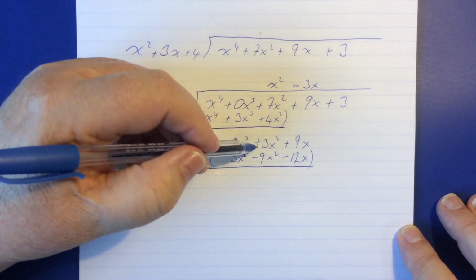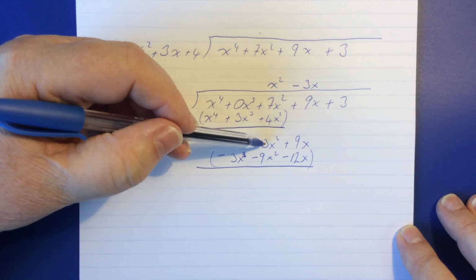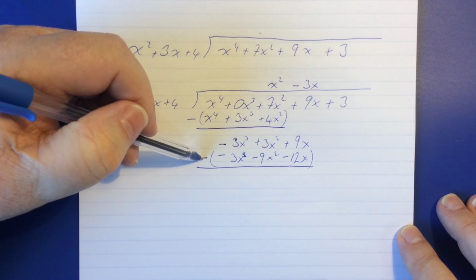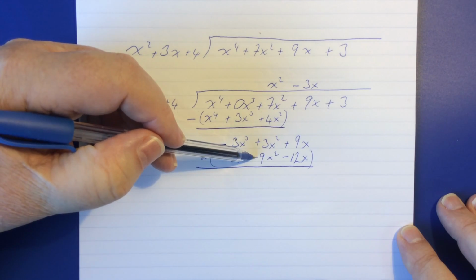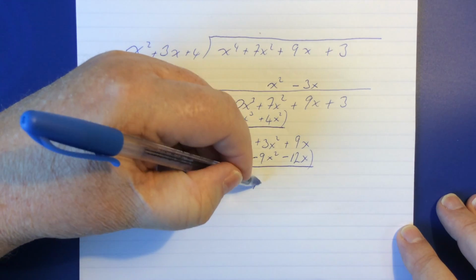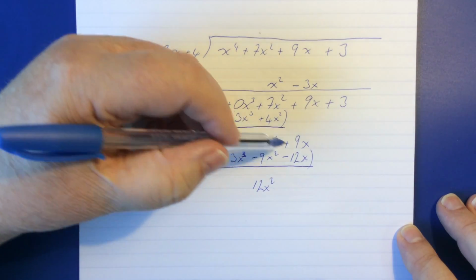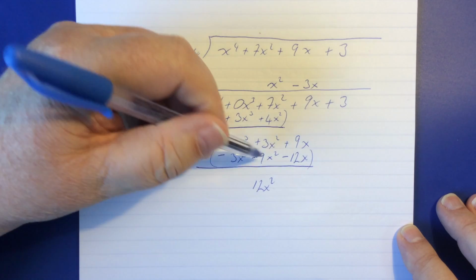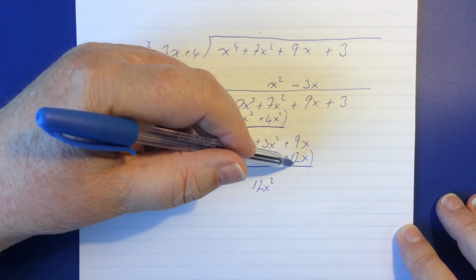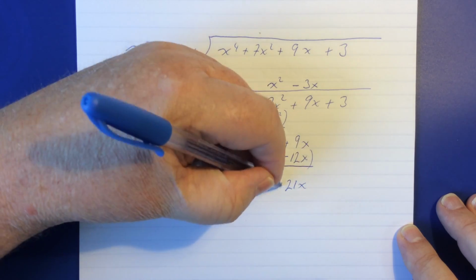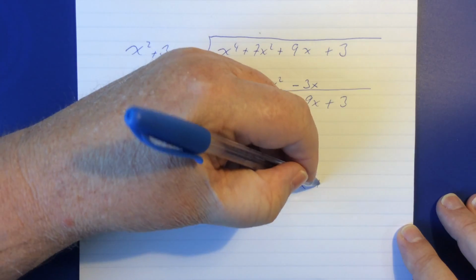These disappear. Positive 3x squared minus negative 9x squared gives me 12x squared. 9x minus negative 12x gives me 21x, that's positive, and I bring down the 3.